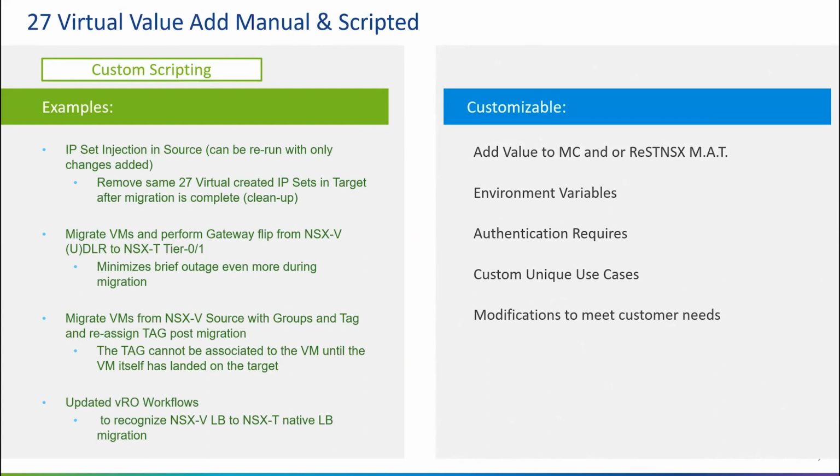Or for example, we had another customer who needed to migrate security tags to NSX-T, which is not the same. So we ended up doing some scripts or using VRA or VRO to do some workflows to help migrating to T.